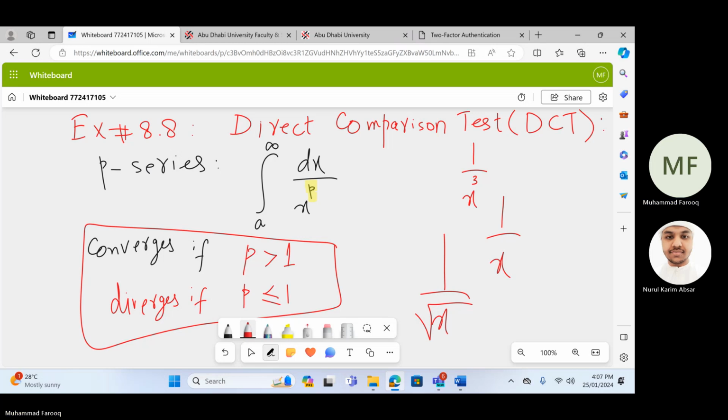Now I explain the DCT, how the direct comparison test works.